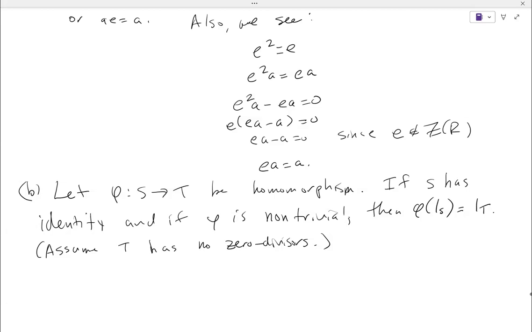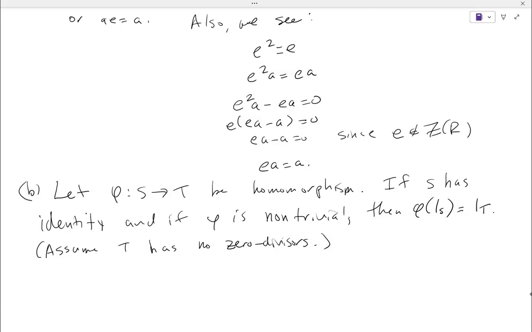If we have an idempotent that's not a zero divisor, then it has to be the identity. It's the only choice we have.